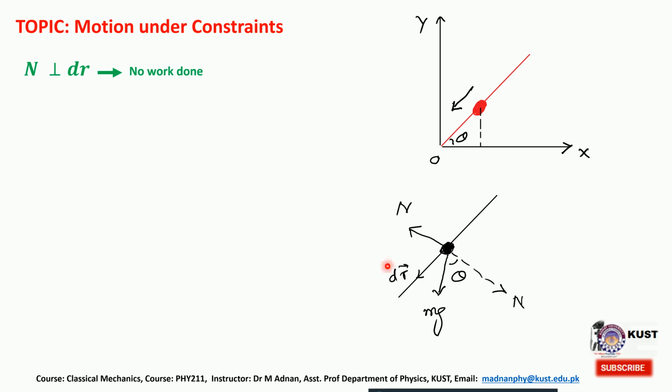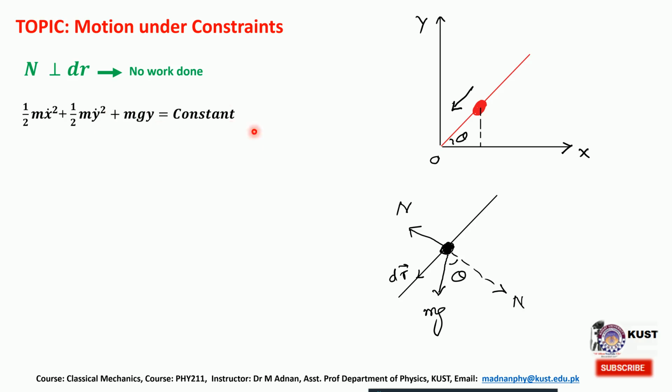So in total we have two forces. One is mg, which is a conservative force, and the other is the normal force, which does not contribute to the work done because of the 90-degree angle between the direction of motion and the direction of the force. So the two-force system reduces to the conservative form: half m x dot square plus y dot square, which is the kinetic energy, plus mgy, which is the potential energy, equals a constant.